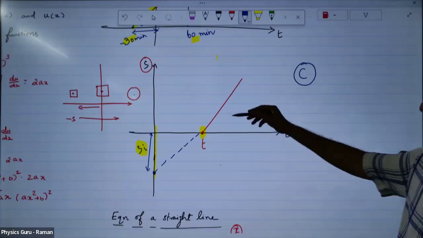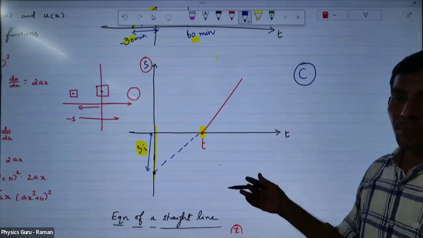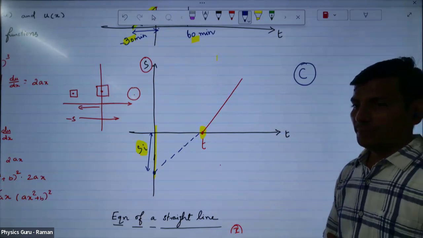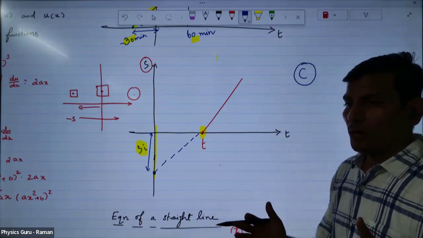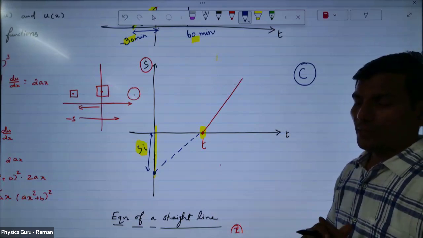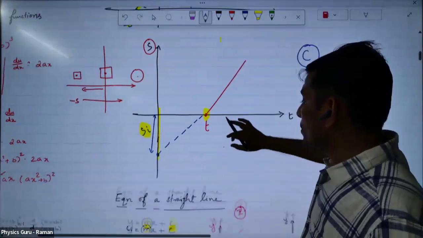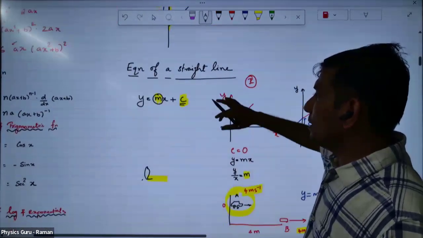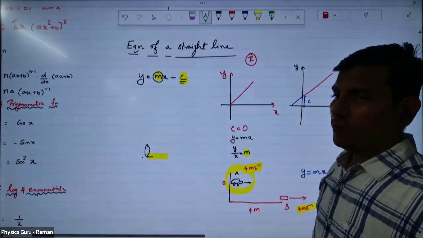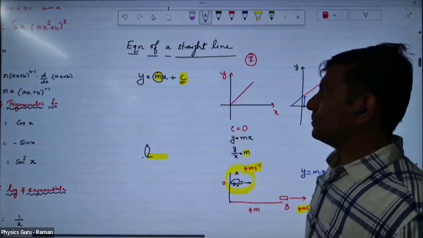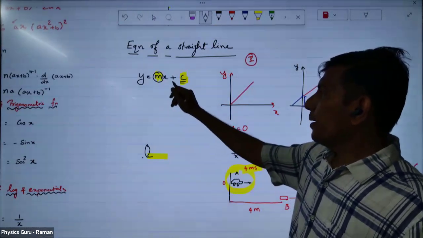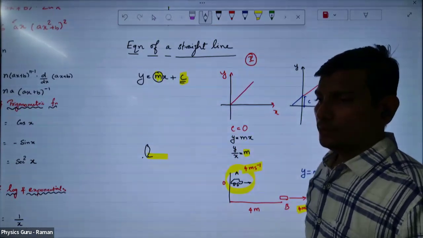Okay, sir. And these graphs, what shape do they assume? Straight lines. They form straight lines. Am I right? Yes, sir. If they form straight lines, in coordinate geometry we have an equation for all the shapes, and the equation of a straight line is y is equal to mx plus c.